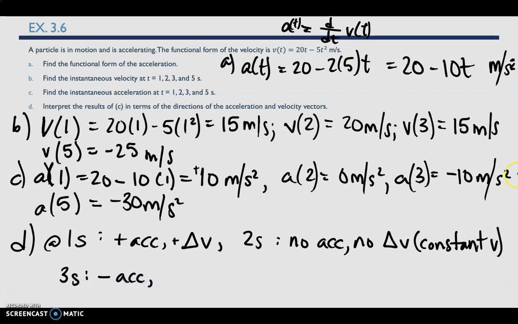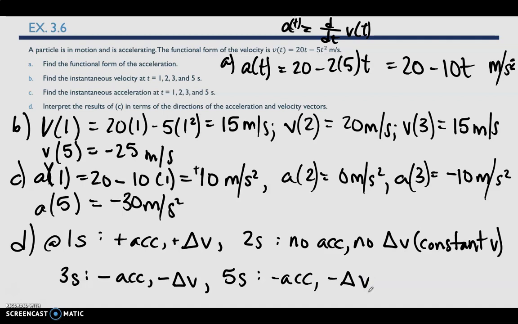See how it has negative meters per second squared? That means we have a negative change in velocity. So now the object, or the particle, is moving in the opposite direction as it was before. Then at 5 seconds, again, we have a negative acceleration, and therefore a negative change in direction.